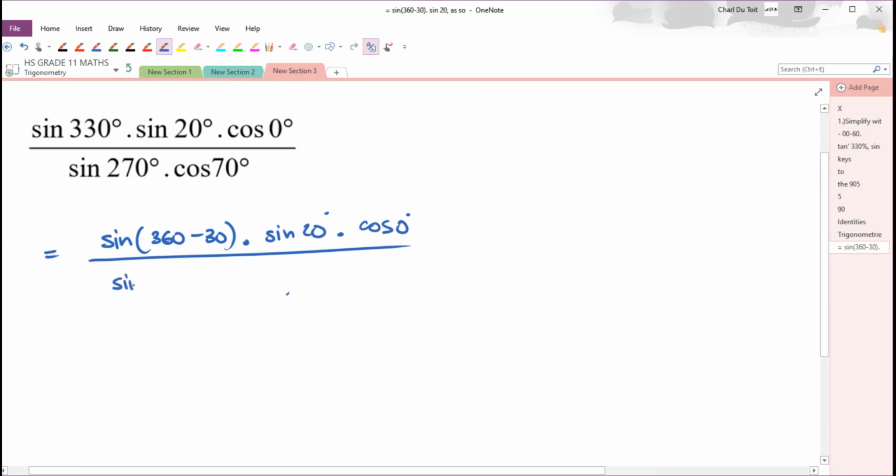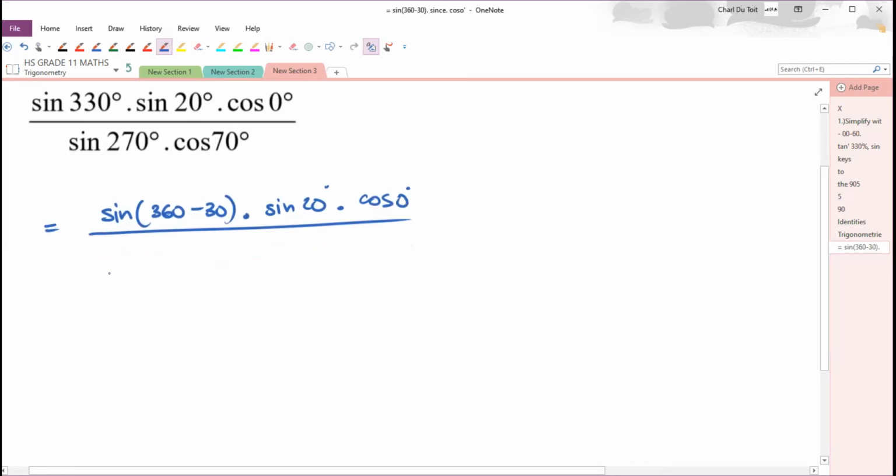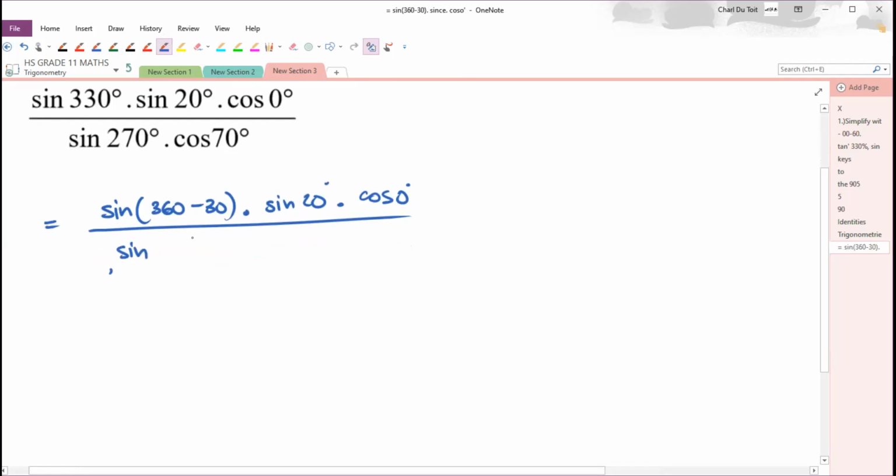You could have written sin of 180 plus 90 if you wanted to. You can do 360 minus 90. Or you can just do 270 plus 0. Doesn't matter. And then the cos 70, I'm going to change as cos of 90 minus 20 to get 20 degrees into the sum.